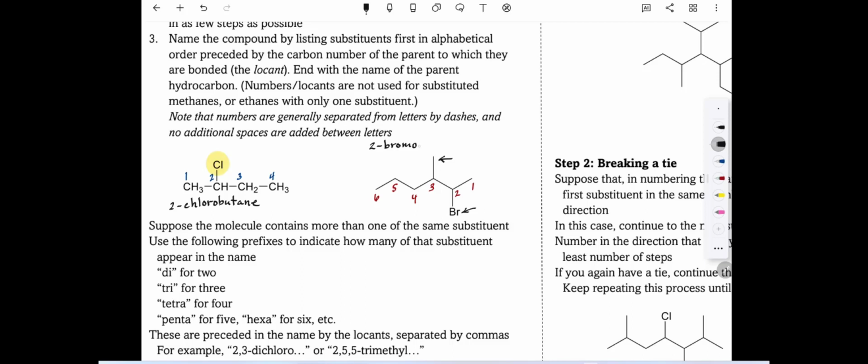So we need another dash. 3-methyl. And since we don't need any other numbers, we're just going to go straight into the name of the parent, which is hexane. So 2-bromo-3-methylhexane.